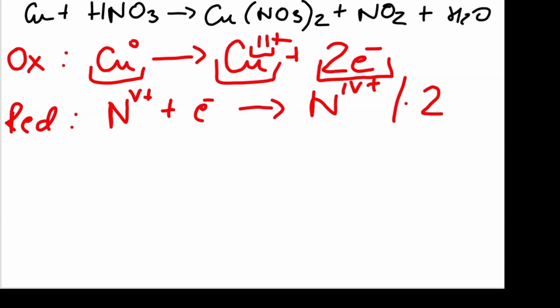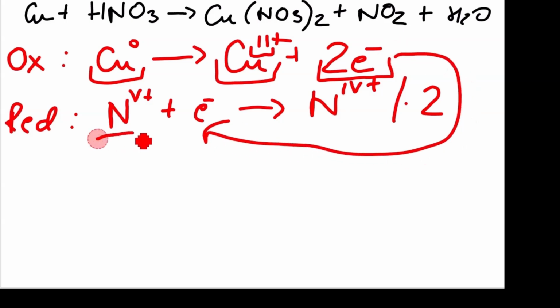There is no other situation in which these electrons will become free electrons. It is impossible. They need to be consumed here. However, one atom of this nitrogen needs one electron, so it should be two atoms of nitrogen. Yes, so the reduction reaction will look like that.